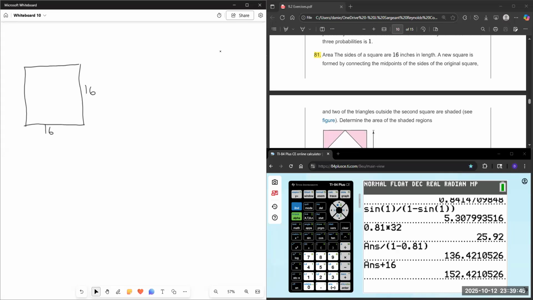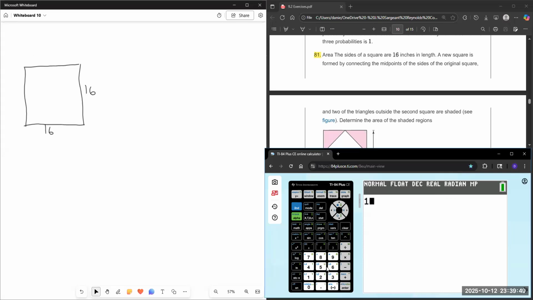And I just want to note as we start off here that 16 times 16 is 256. Hold this number, area of the original square is 256 square inches. Just hold that for later.